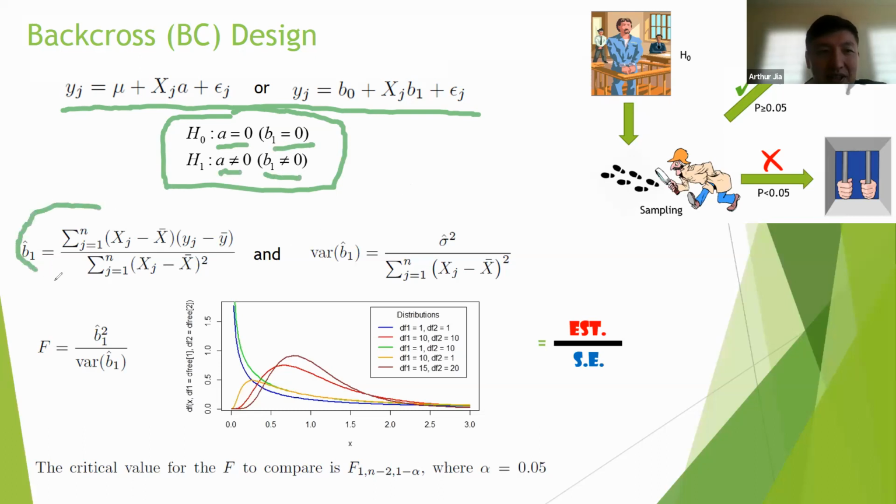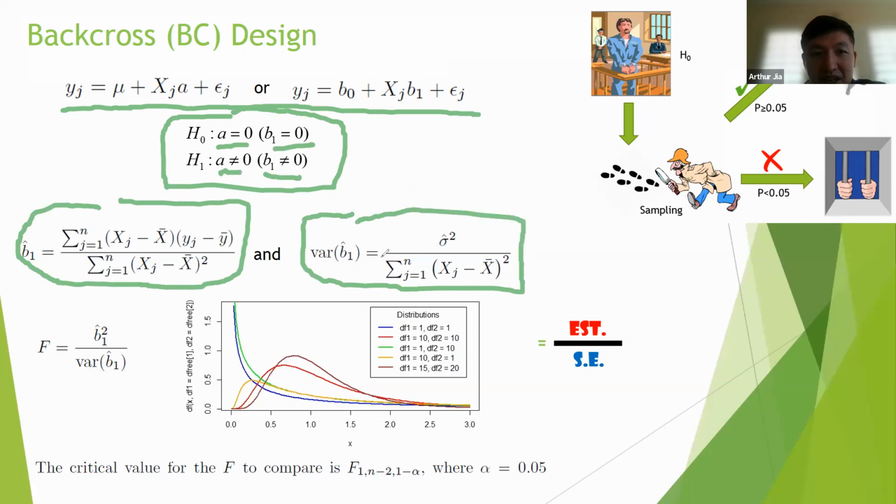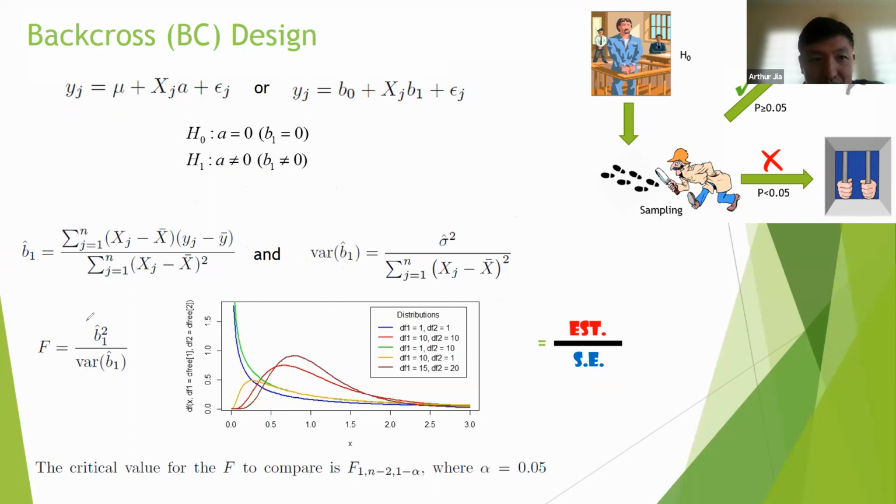And this is how we estimate these 2 parameters, right? And the variance. Once we have the estimation for this slope and the variance of this estimation, this is what we can do. We can use the F statistic.